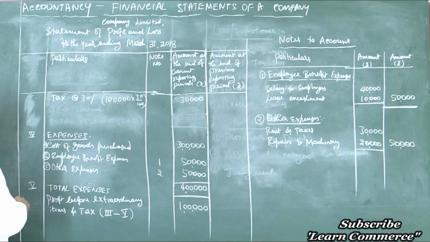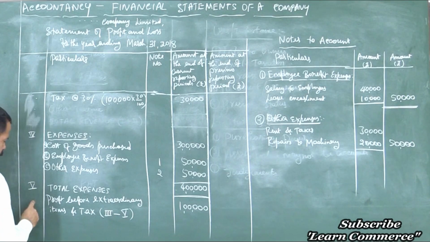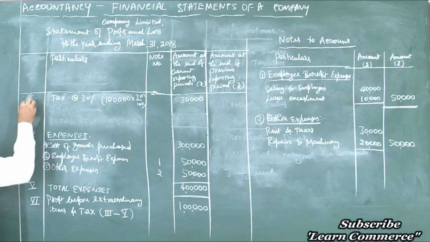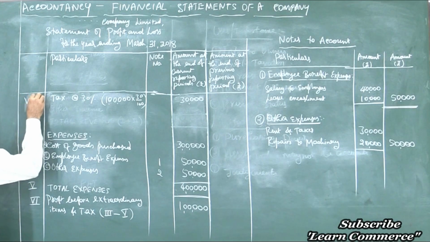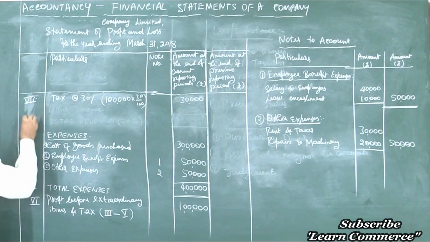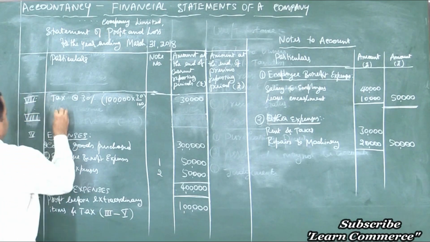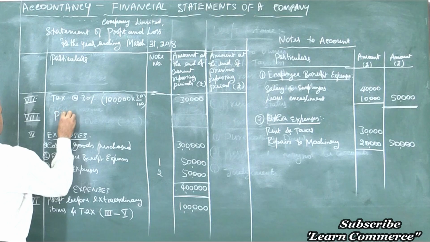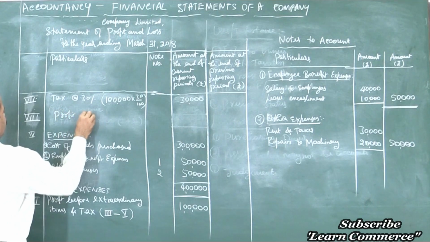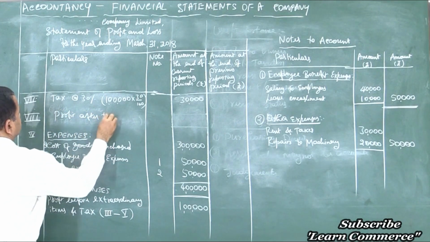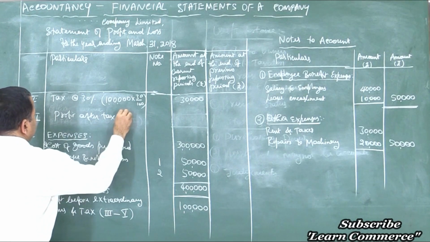Here you provide this to this as 6, that is 7, tax, and 8, profit after tax. Profit after tax, that is PAT.